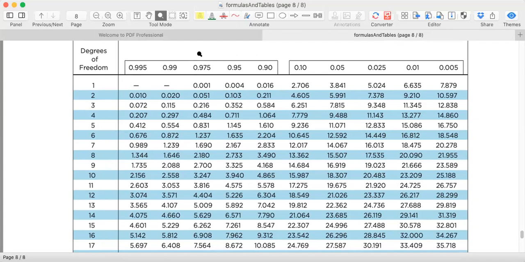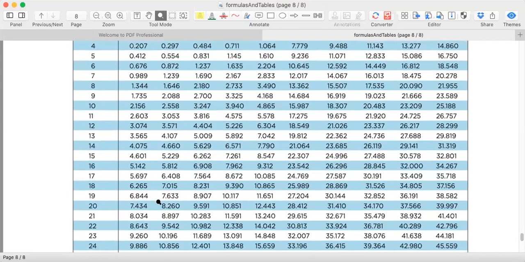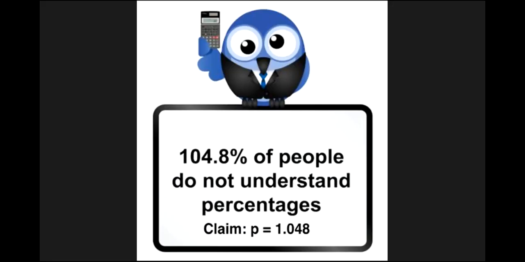So we're looking in the 0.975 column, and again in the 20 row, and the critical value on the left then becomes 9.591. So that's how you're going to use table A4 to find critical values for tests of standard deviation. Let's go back to the document.